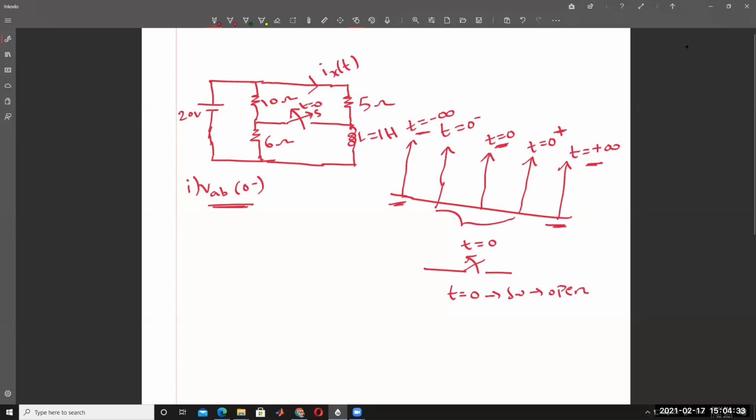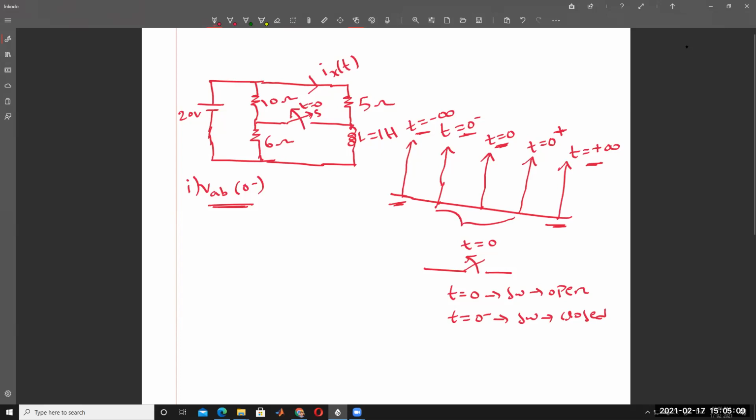That means before it is closed, then only it is possible to open. That means at t is equal to 0 minus, the switch is closed. Am I right? Then only it is possible to open.